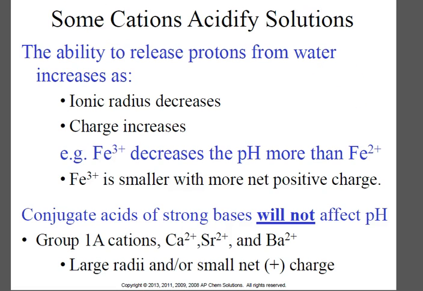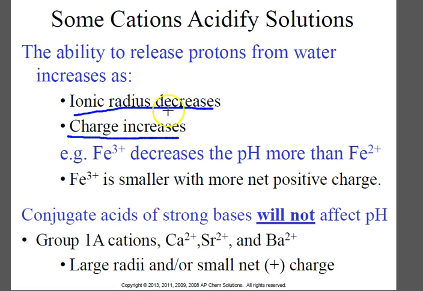Which ions could do this? Could sodium ion do that? No. So which ions could cause this to happen for water? As the radius decreases, so as these ions get smaller, they're going to be better at causing the solution to be acidic. And also as they have bigger charges. This is Coulomb's law.